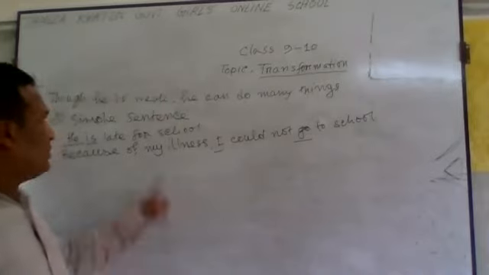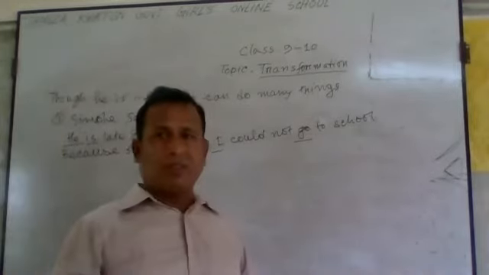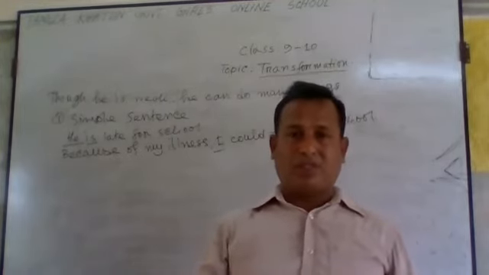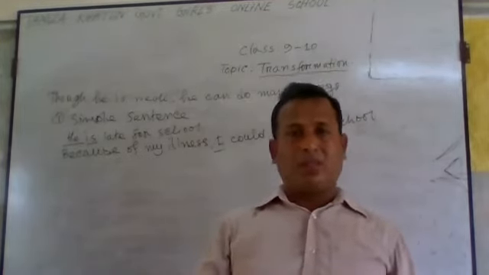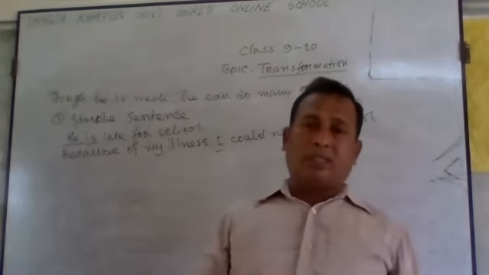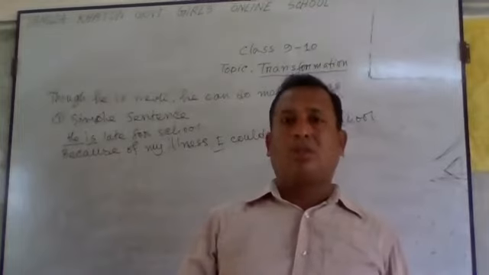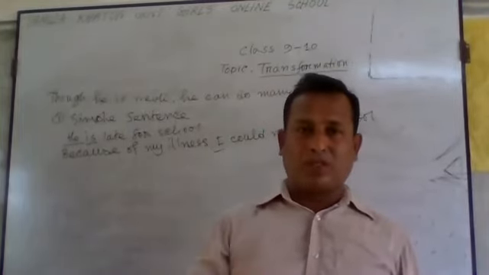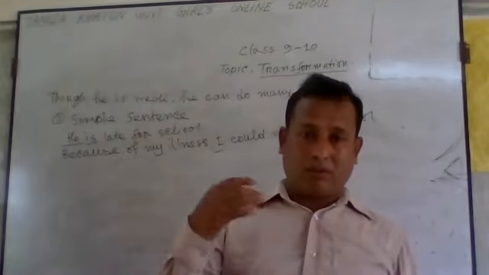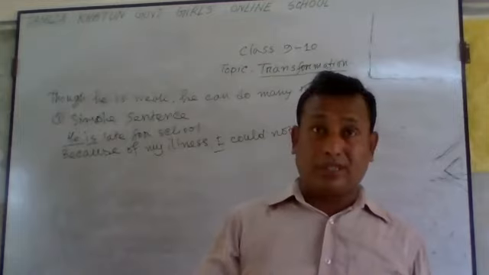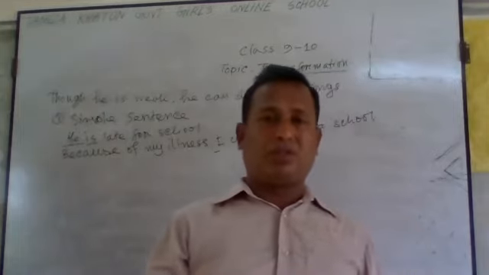And the second one is the complex sentence. What is a complex sentence? There is also a definition. The sentence which has one principal clause and one or more subordinate clauses, then it is the complex sentence.